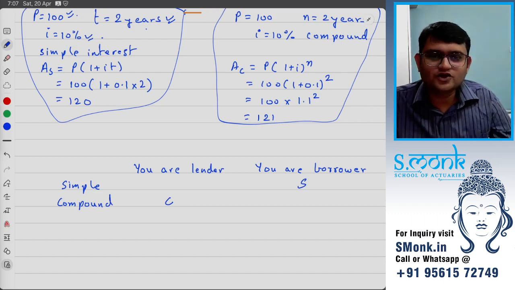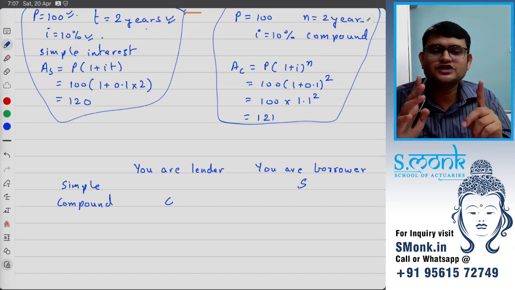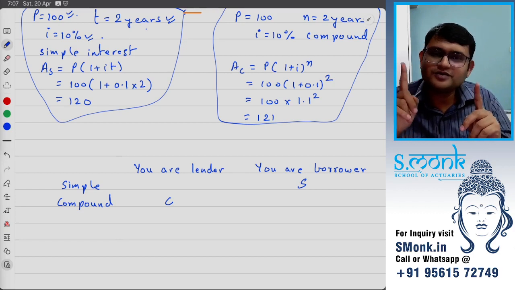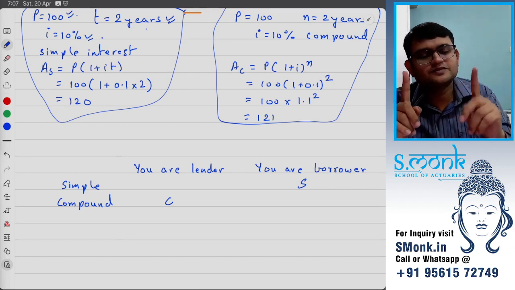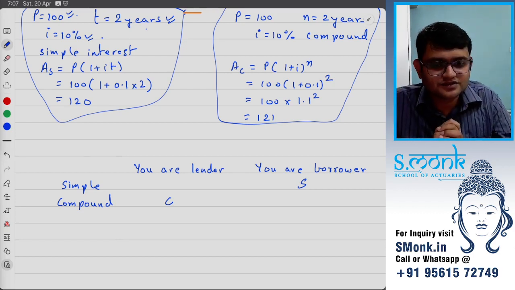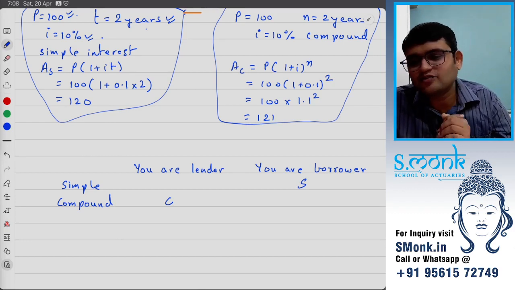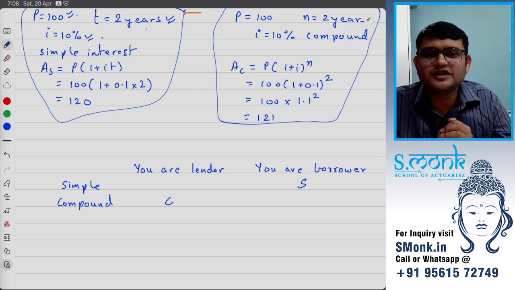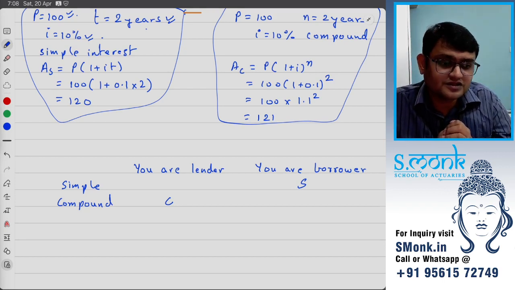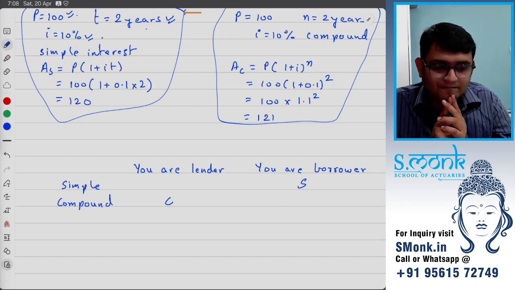Now when there are two parties involved, a loan is given, one person will be a lender and the other person will be a borrower, right? If the lender always says I want compound interest and the borrower always says I want simple interest, will there ever be a deal? No, right? There will not be a deal.